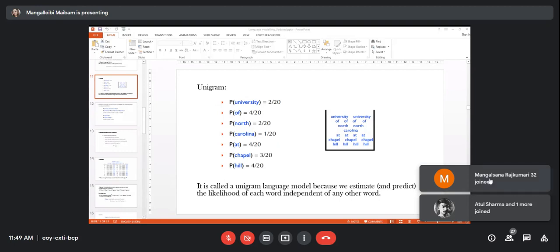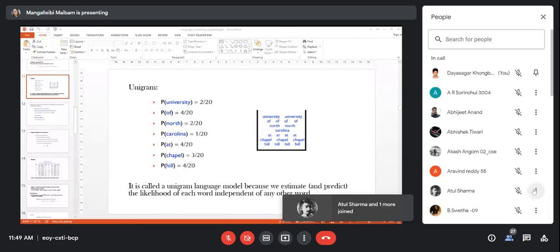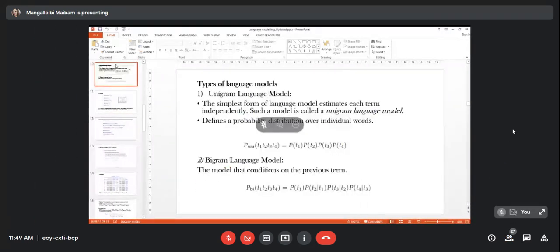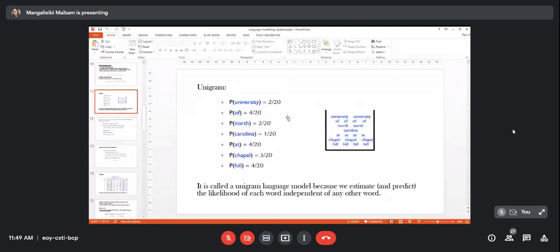Language model. For example, you can see here, we have already discussed this. Say this is our collection, and in this collection we have to count the total number of terms.